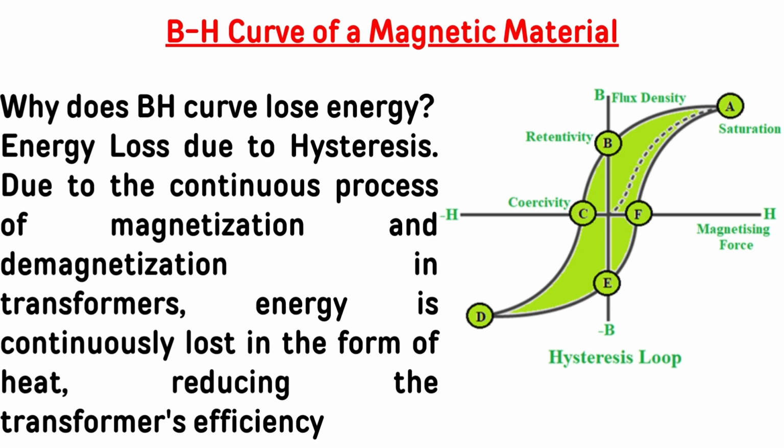Now, if you increase the magnetizing force in negative, then we will have coercivity at point C. By increasing the magnetizing force in the opposite direction, we will get a saturation point again in the third quadrant, which is at point D. The same loop will continue.